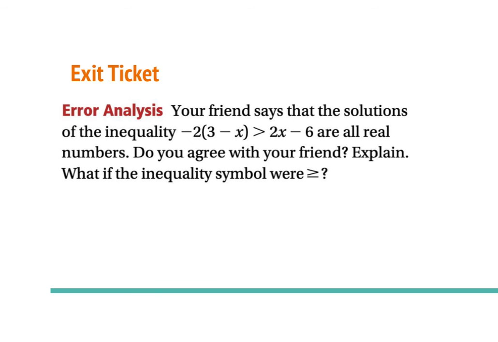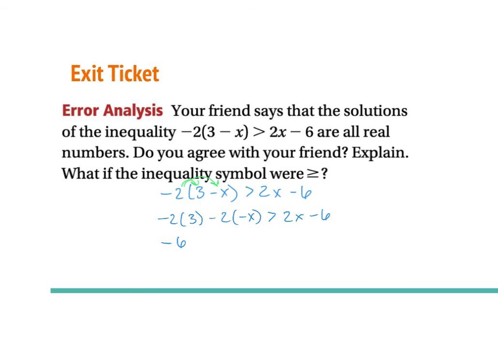All right, well, let's first off solve this. So we've got negative 2 times 3 minus x greater than 2x minus 6. Remember, we're going to distribute that negative 2 to both terms. So this is going to be negative 2 times 3 minus 2 times negative x is greater than 2x minus 6. This first term becomes negative 6.